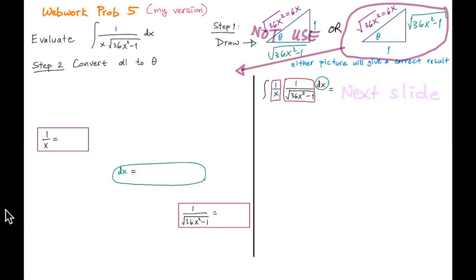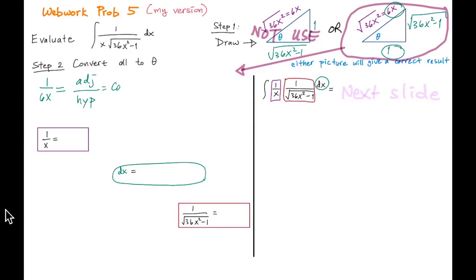So first, I see that I have this expression 1 over x. And if I do 1 over 6x, that is similar to 1 over x. So 1 over 6x is the adjacent over the hypotenuse.